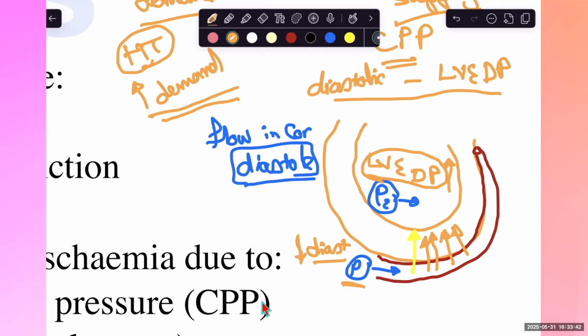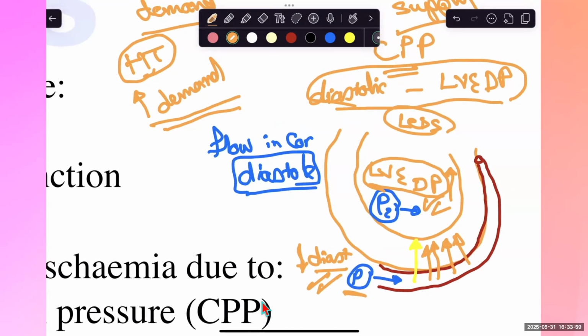So let's assume that it will be either normal or a little bit low in aortic stenosis. So the difference between the diastolic pressure and the LV end-diastolic pressure will be less. So here I have less supply, but I have more demand.